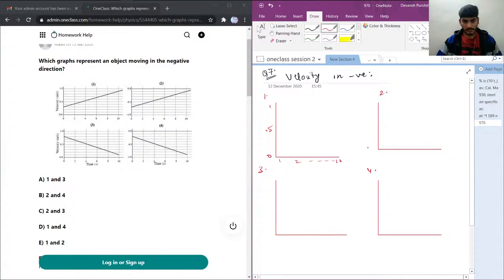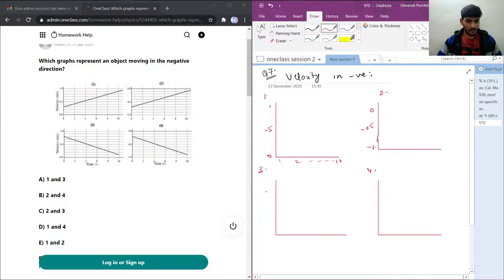This one is negative 1, negative 0.5, and this is 0.